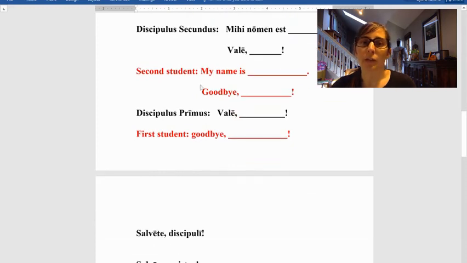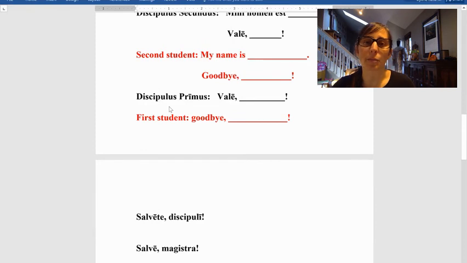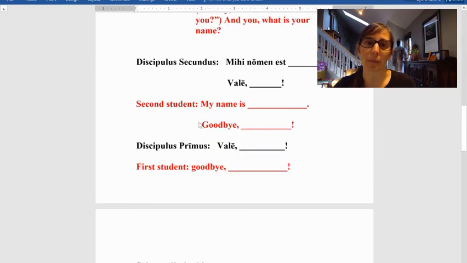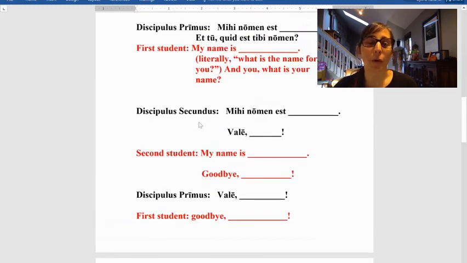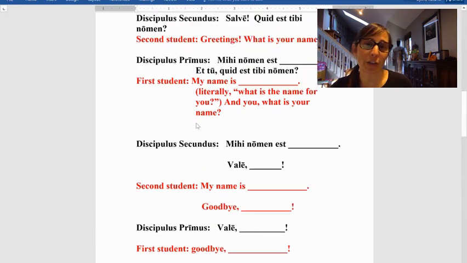So, second student, my name is blank. Goodbye, blank. Then discipulos primus responds, vale, with the other person's name. Okay, goodbye from the first student. Okay, so that's a conversation you could have.